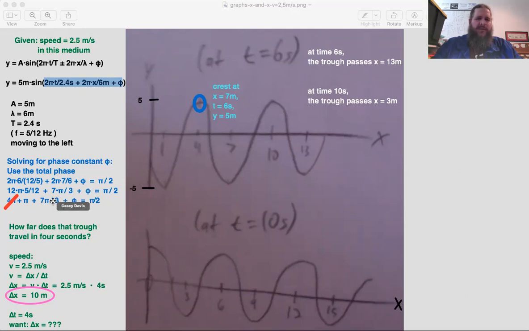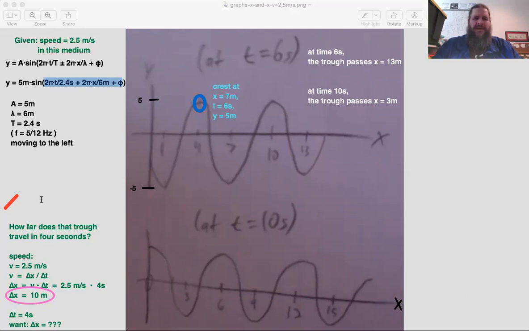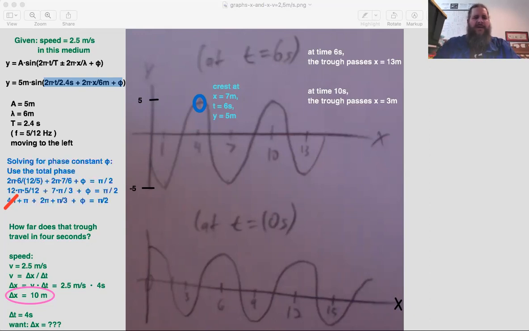In fact, we could probably go even further because 7 pi over 3, that's more than a full cycle. 7/3 is, what would that be as a mixed number? 2 1/3? Right. So this could be written as 2 pi plus an extra 1/3 of pi.